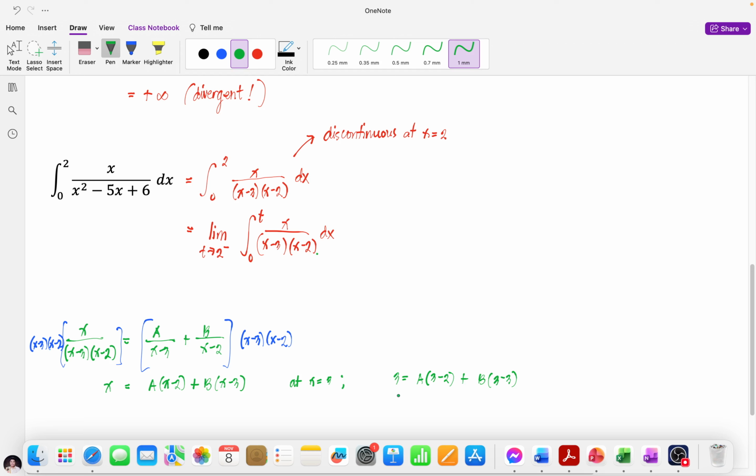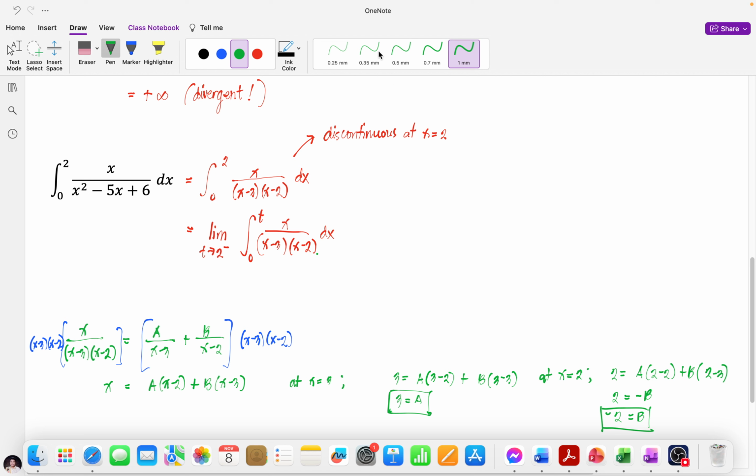So therefore, we have A is equal to 3. And also at x equal to 2, we have 2 is equal to A times 2 minus 2 plus B times 2 minus 3. That means that we have 2 equal to negative B, or negative 2 is equal to B.